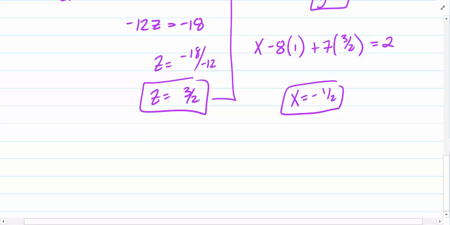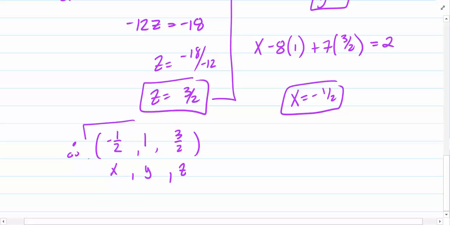So therefore our solution is the ordered pair x, comma, y, comma, z. In this case, it's going to be negative 1/2, comma, 1, comma, 3/2. So that right there, ladies and gentlemen, is our answer.